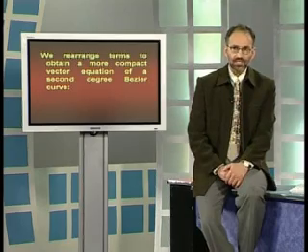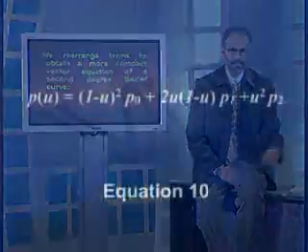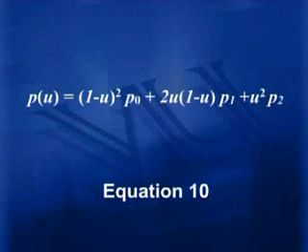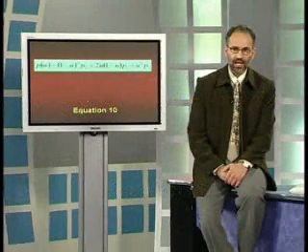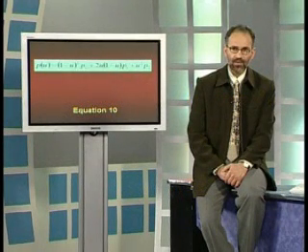We rearrange the terms to obtain a more compact vector equation of a second degree Bezier curve as this: p of u equals (1 minus u) whole squared p0 plus 2u times (1 minus u) times p1 plus u squared p2. We have rearranged the terms of equation 9 and simplified it to come up with this expression.